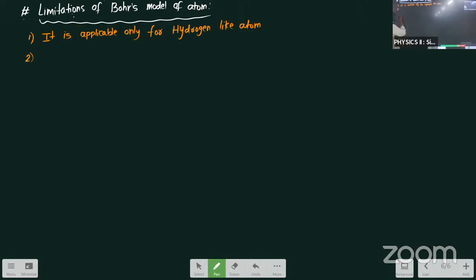The next important point is that he said the electron revolves only in certain circular orbits, but elliptical orbits are also possible. When he was asked why he hadn't considered elliptical orbits, he was unable to explain that concept.